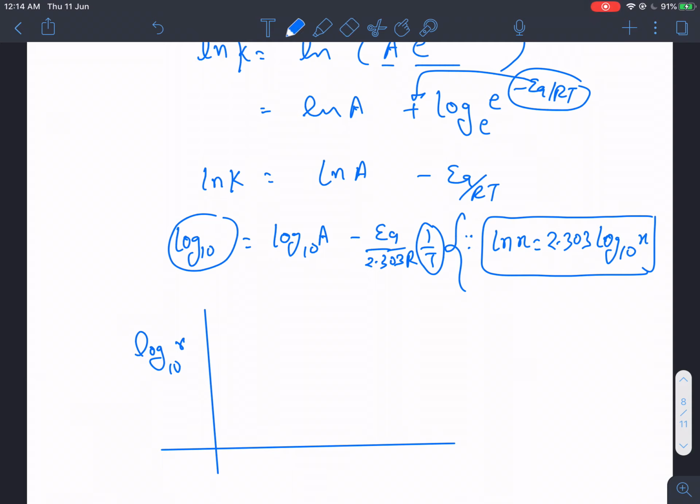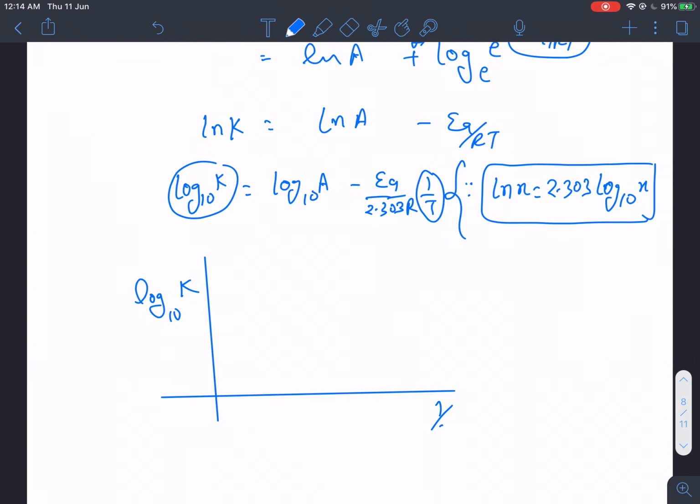Here it is k basically, with 1 by T. So can you see this is a linear equation? This is y and this 1 by T is x. So isn't it? And you look at the slope.